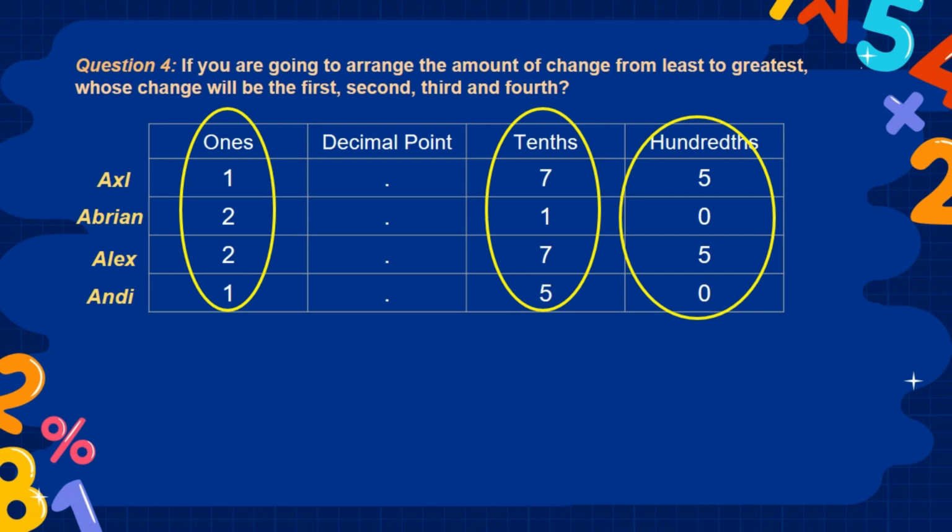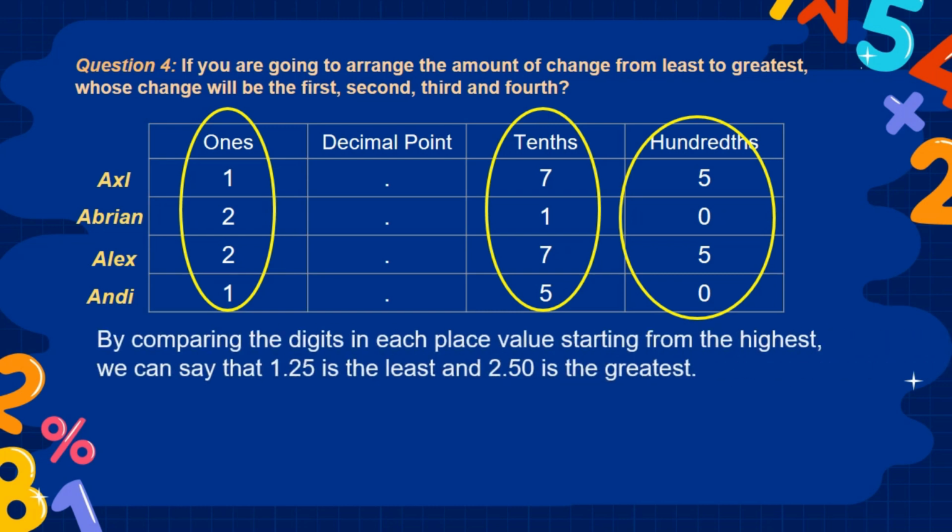Last question. If you are going to arrange the amount of change from least to greatest, whose change will be the first, second, third, and fourth? By comparing the digits in each place value starting from the highest, we can say that 1 and 50 hundredths is the least, and 2 and 75 hundredths is the greatest.